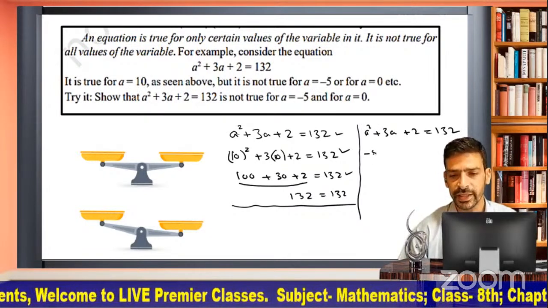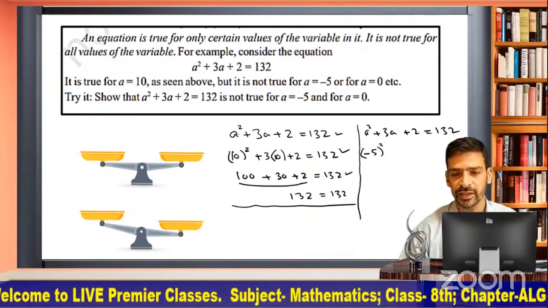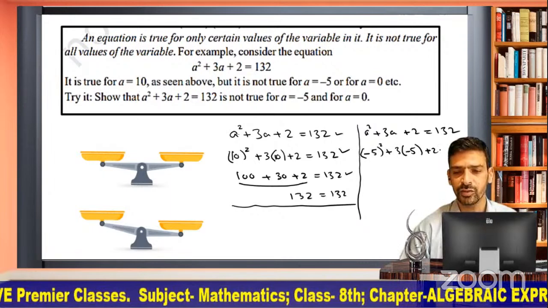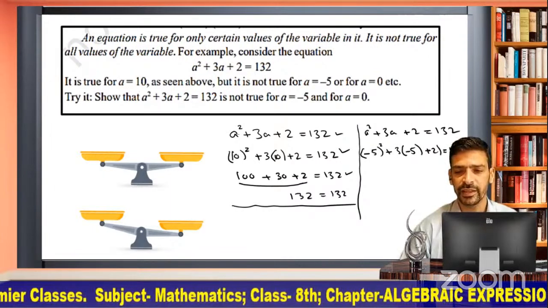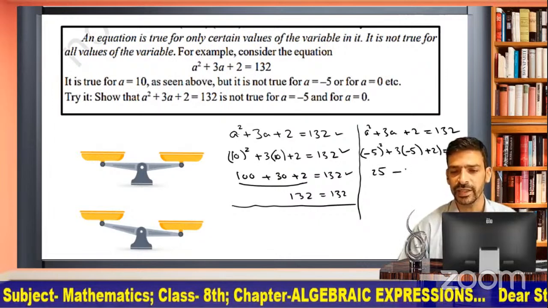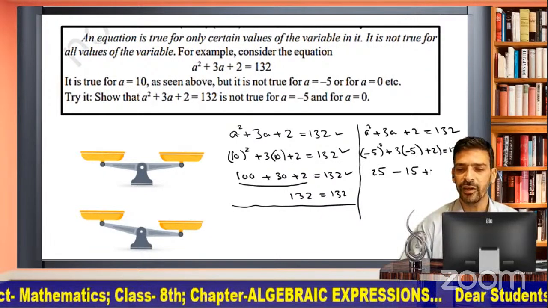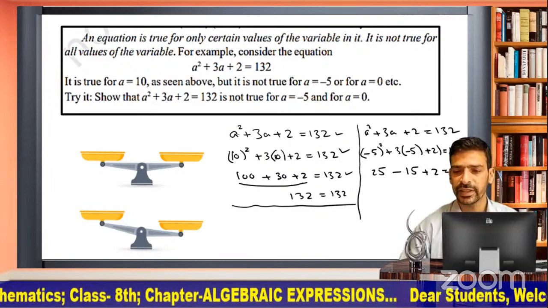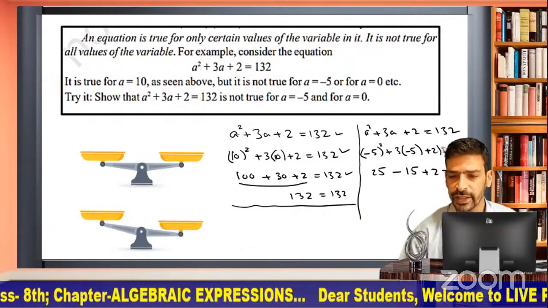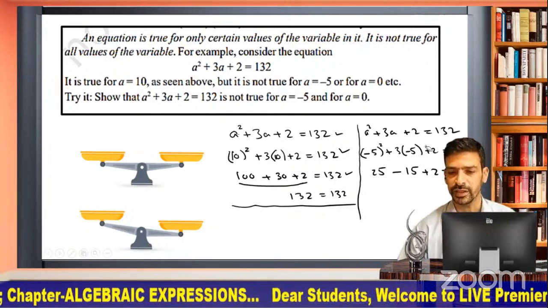We have a square plus 3a plus 2 equals 132. Let us write here (minus 5) square plus 3 times minus 5 plus 2 equals 132. Minus 5 square is 25, plus minus 3 fives is minus 15, and you have plus 2 equals 132. I need to have a correction here. ये bracket हमने इधर लिया.